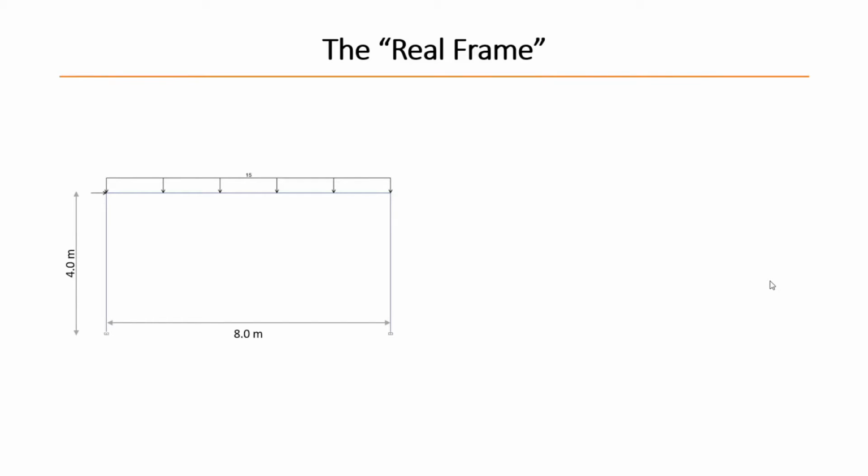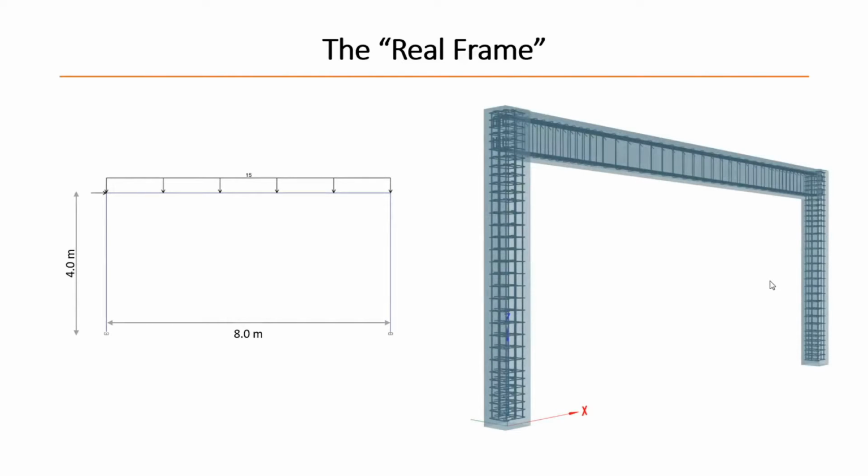A real frame will not be what we model, but will actually look like this. You can see the vertical reinforcement and horizontal reinforcement. This is what will be constructed, and this is the structure that we should be trying to model and get the response of.